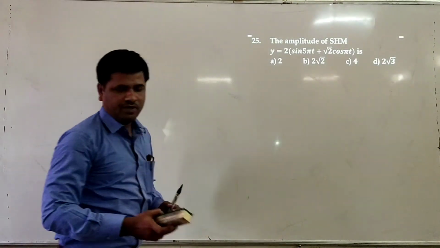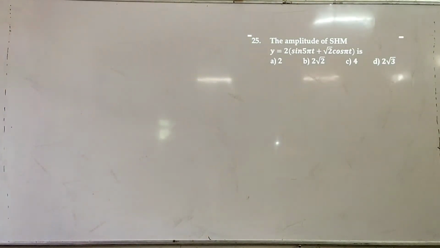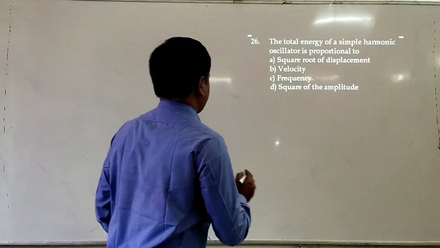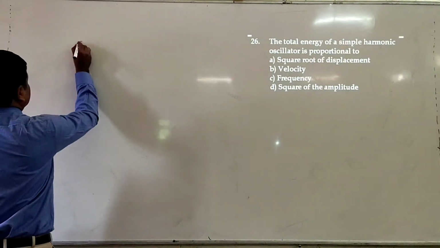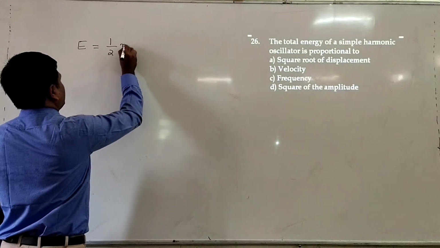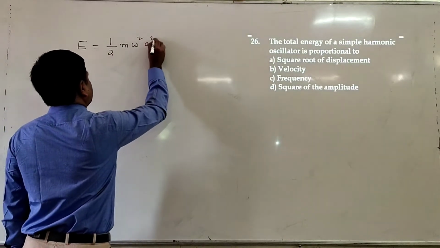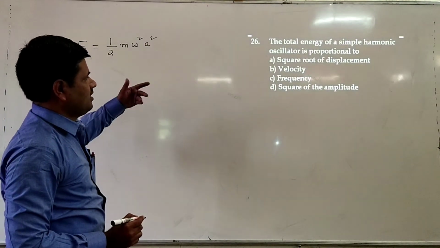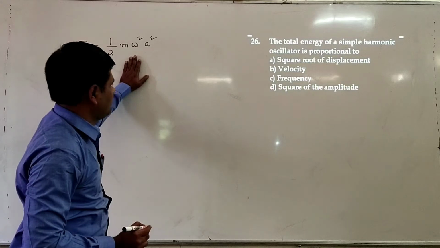Next we go to question number 26. The total energy of the simple harmonic oscillator is proportional to what? The formula for total energy is half m ω square a square. Square of the displacement is not correct. Square of the velocity is not correct.